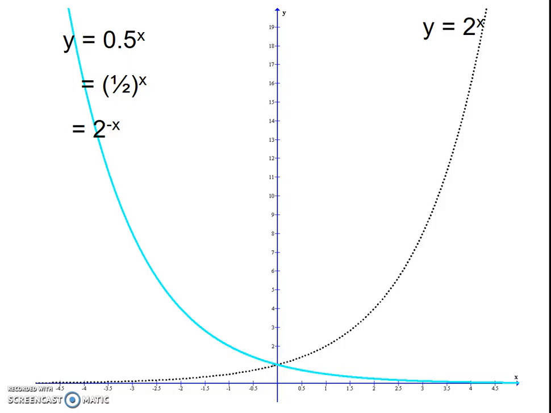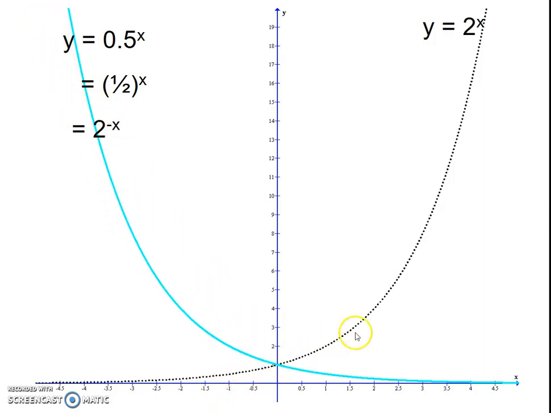Now, if you do a half to the power x, or anything less than 1 to the power x, that's going to be a fraction. When you've got fractions, or when you've got a 1 over, you've got a negative power. A half is 2 to the negative 1. So a half to the power x is 2 to the negative x. So then that negative is going to reflect it in the y-axis.